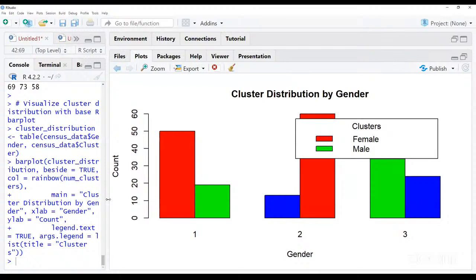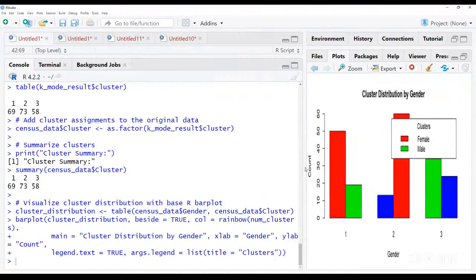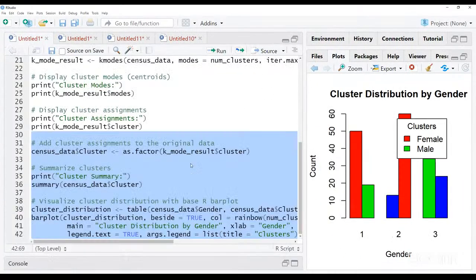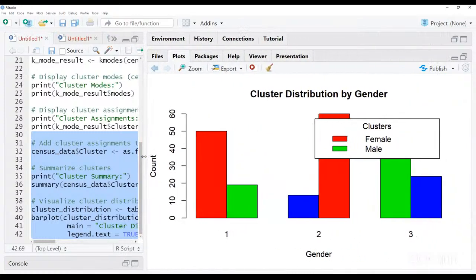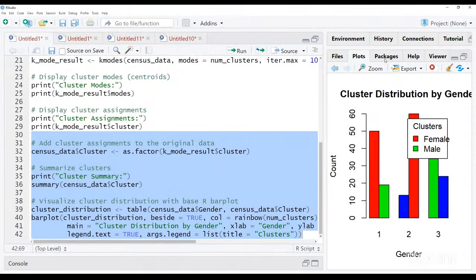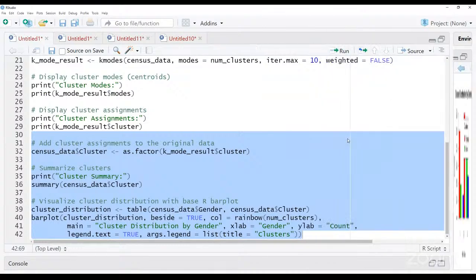You go to the last one. Yeah, here you can find the visualize cluster distribution. No, you are showing the graph, but I am interested in the script. It is written cluster distribution.